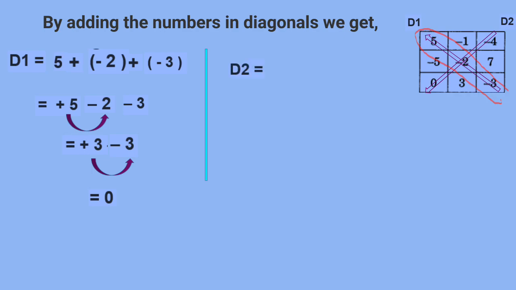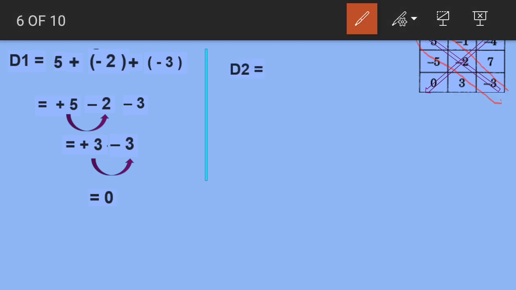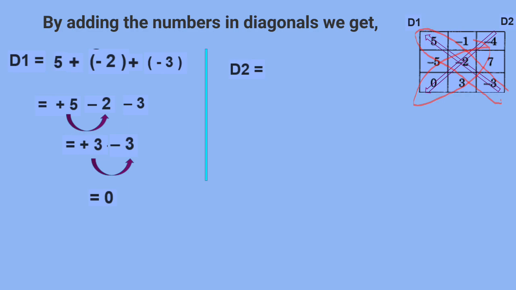Similarly for diagonal 2, I'll take minus 4 plus minus 2 plus 0. So I'll remove the brackets, plus into minus, plus 0.